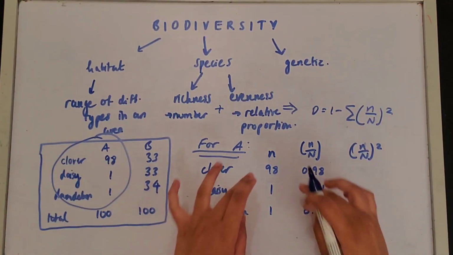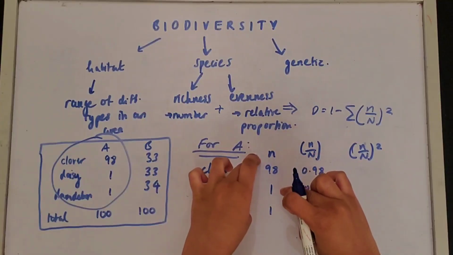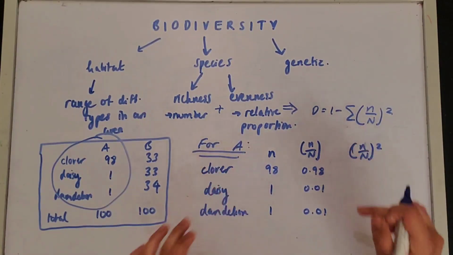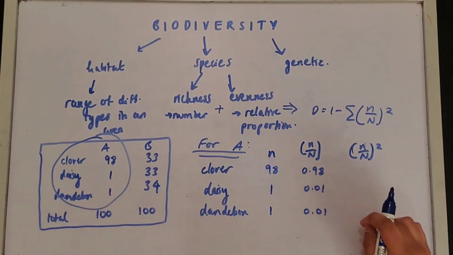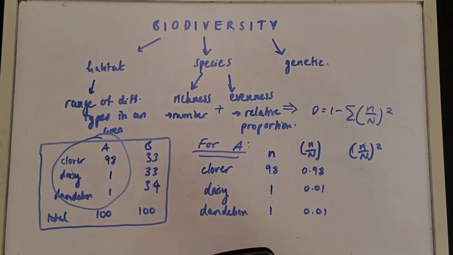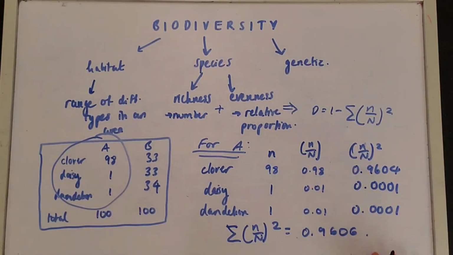So what we've done is n being the individual numbers and n over big N, this big N being the total. And what we have to do is square everything in this column. Subtract this from 1.